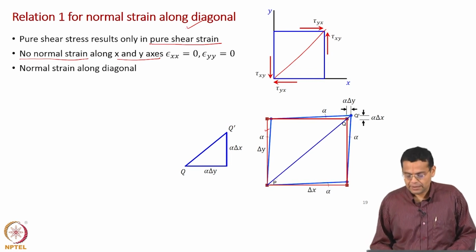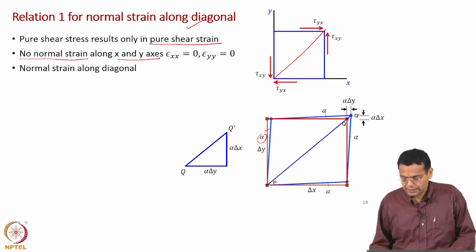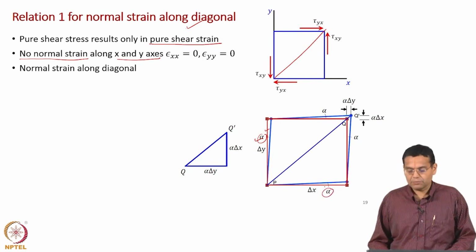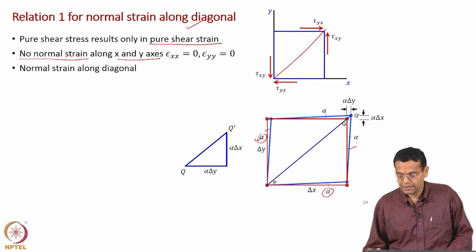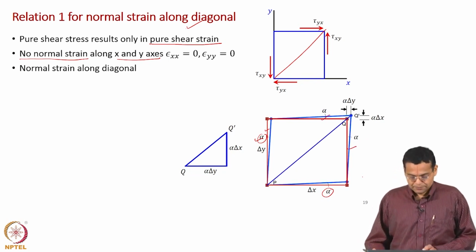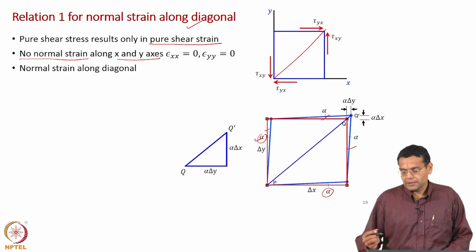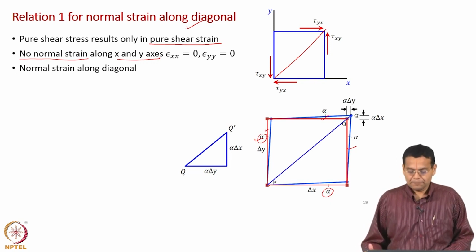As we have discussed earlier, it is symmetric, and these two angles are the same, they are both alpha, and so this angle is also alpha, this angle is also alpha. Now, the diagonal PQ becomes PQ dash. So, there is normal strain along the diagonal.